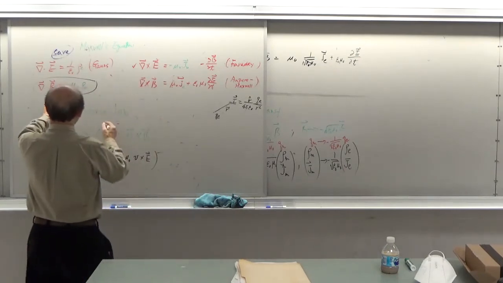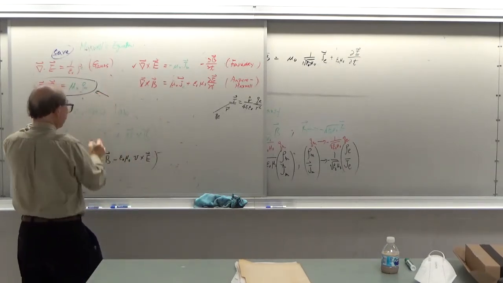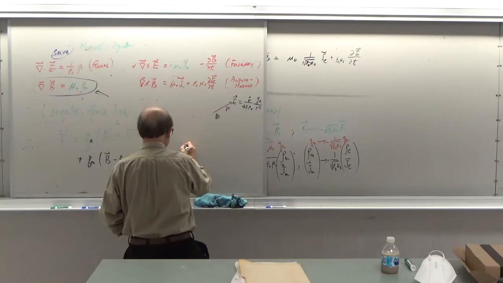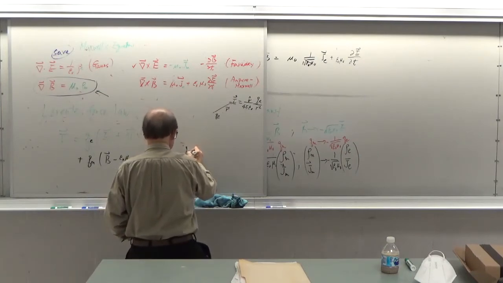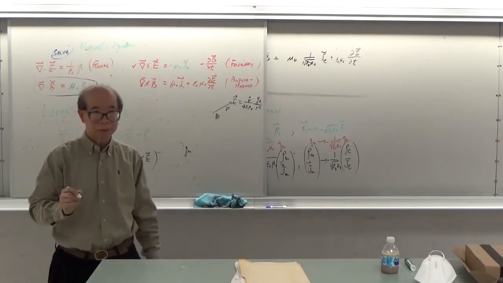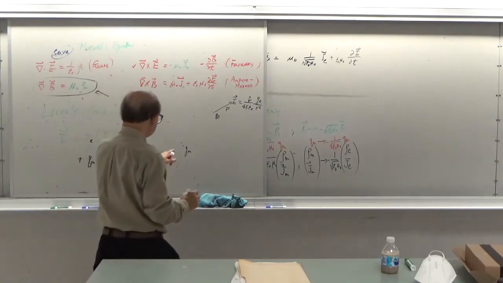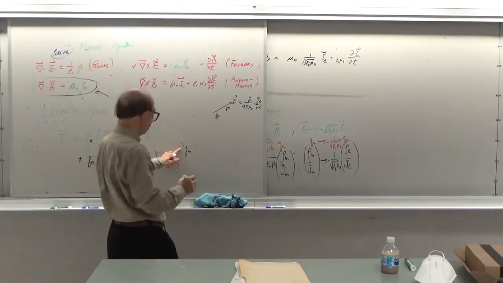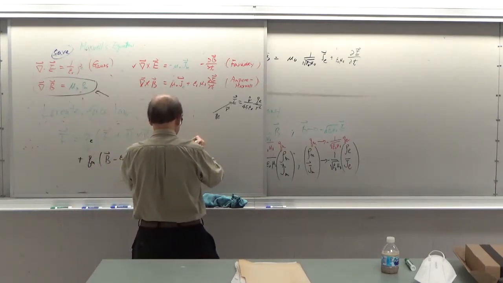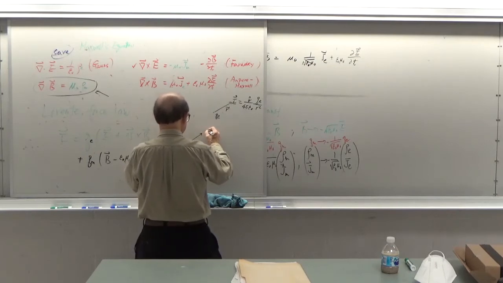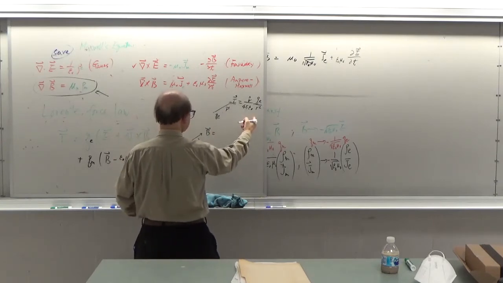Then analogously, by using this equation now, we have the point magnetic charge, Q sub M, at the origin of the coordinate system, then it will give rise to a magnetic field B at the location r given by the same expression.